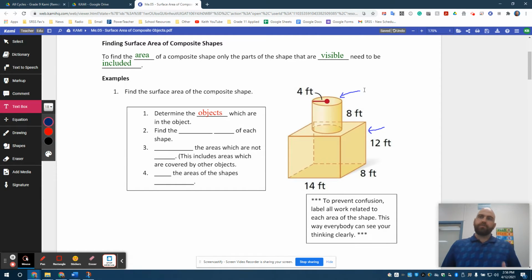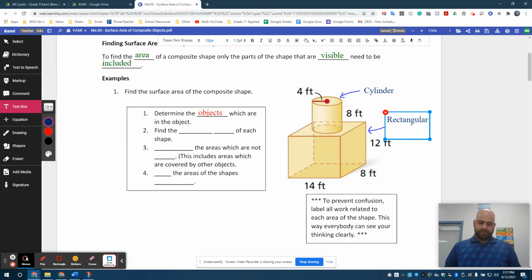You can probably tell fairly clearly that this one up here is a cylinder. So we have a cylinder on top, and on the bottom, this here is a rectangular prism.